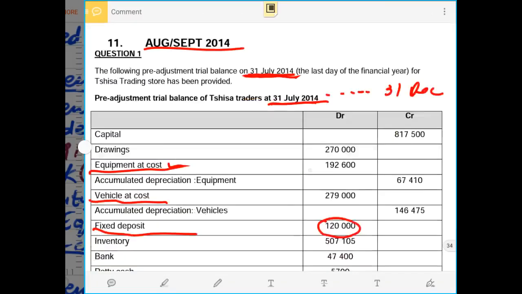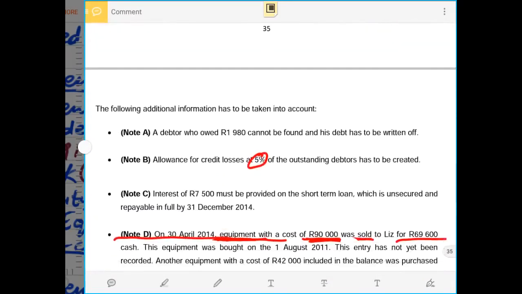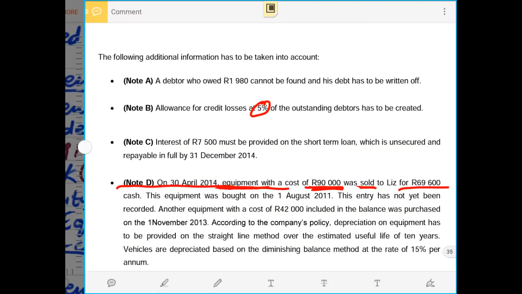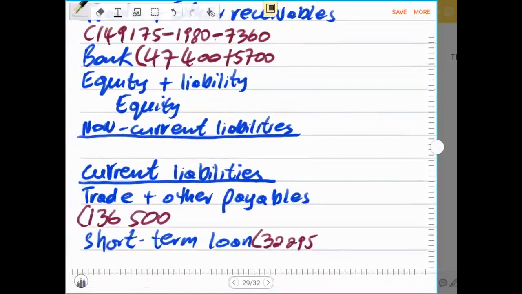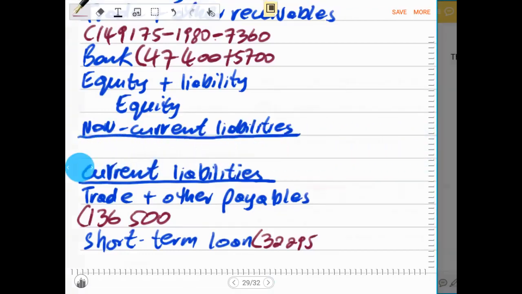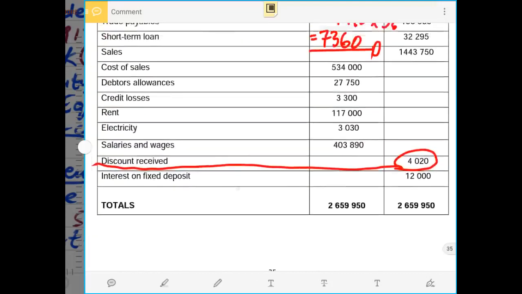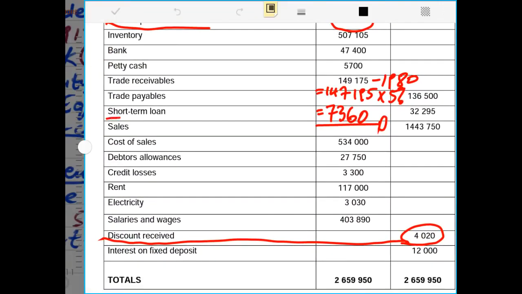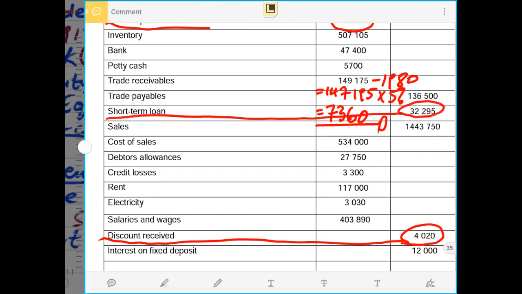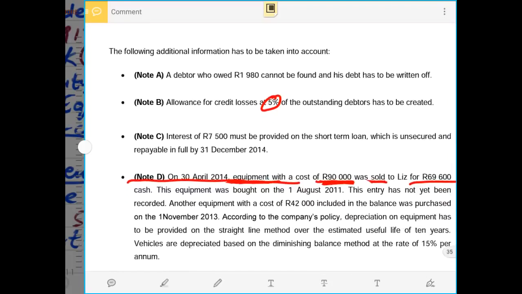So they are telling us that the loan will be paid at the end of the current year, indicating obviously that the loan is a short-term loan. Hence, that 32,295 was obviously recorded as a short-term liability. And besides, it was stated in the trial balance that this is a short-term liability. There we had our short-term loan of 32,295.